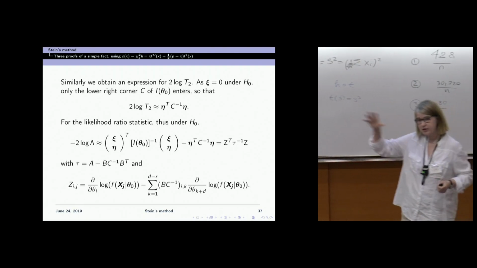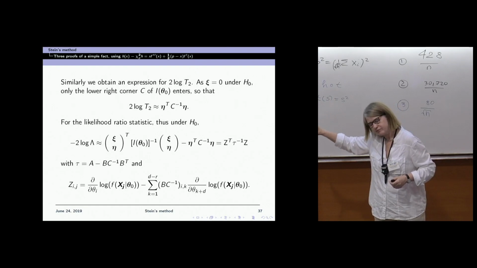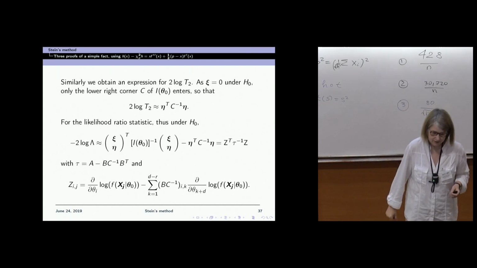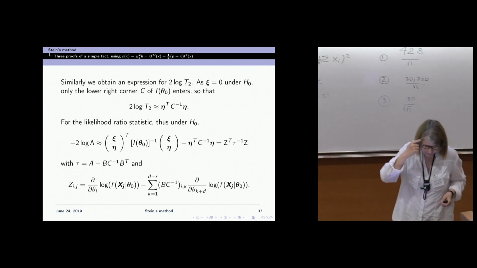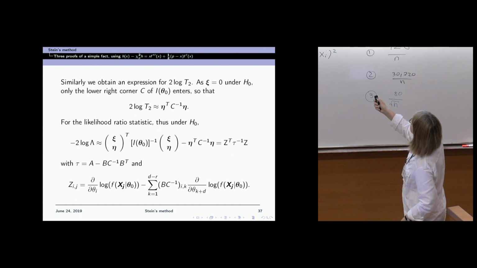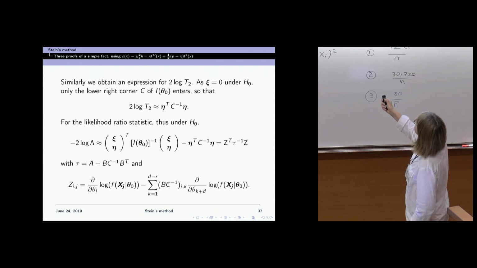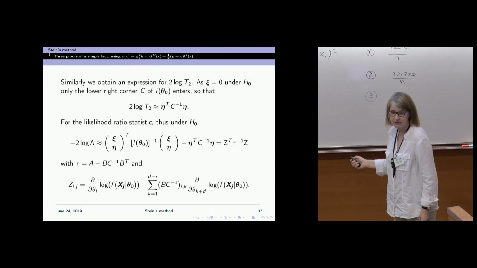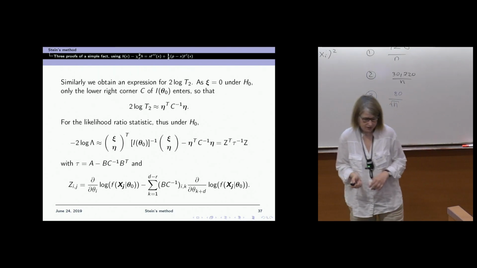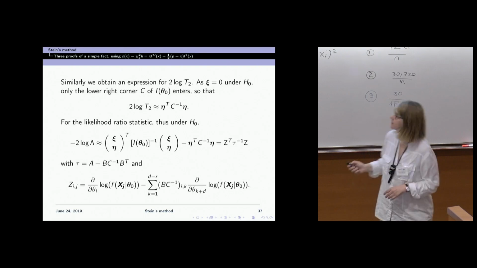Under the null hypothesis, only the lower right-hand corner of the Fisher information matrix enters, which is C. And so twice log T2 is like eta transpose C to the minus 1 eta. So if I then look at the minus twice the log likelihood ratio, I can expand this out.